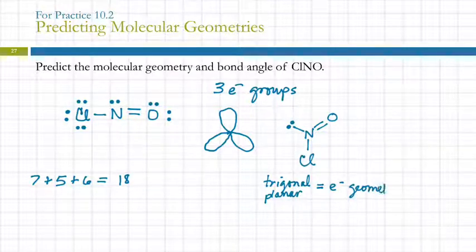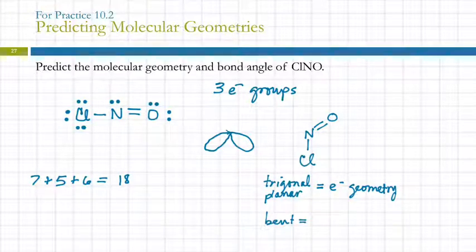But it's asking us for the molecular geometry. So what we're going to do is we're going to make the lone pair invisible. And so we look at this and we say, well, what did we call that? Bent. So bent is the molecular geometry.